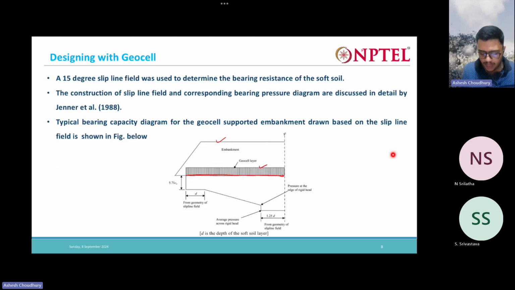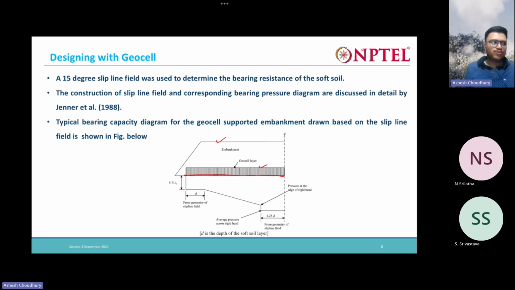Initially at the leftmost extreme edge, it is assumed that the bearing pressure developed is equal to the elastic limit of the soil, that is nothing but 5.71 cu. Cu is the cohesion.